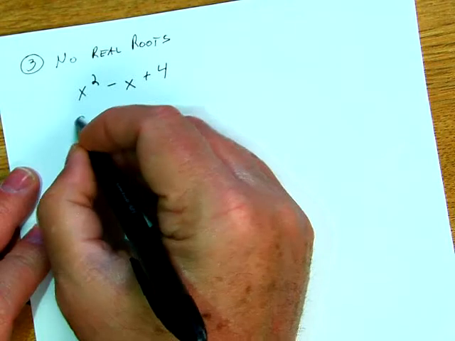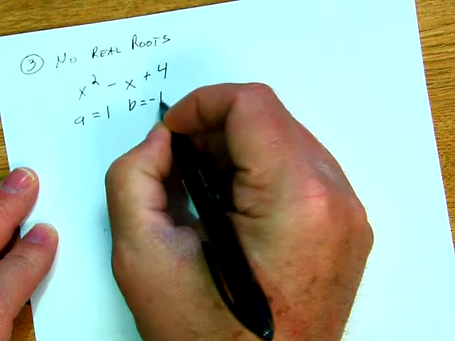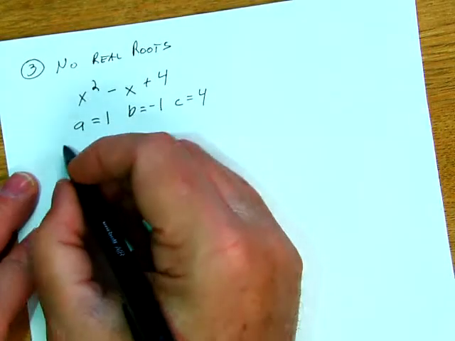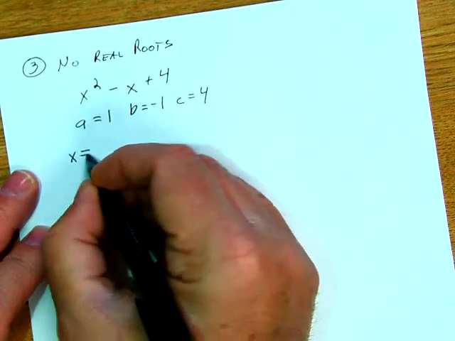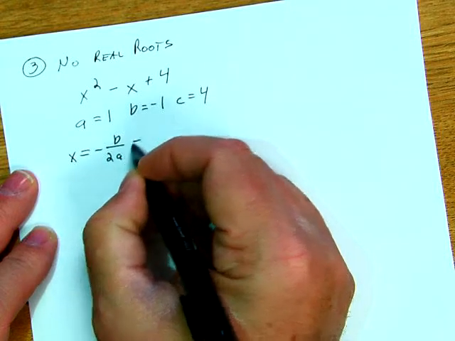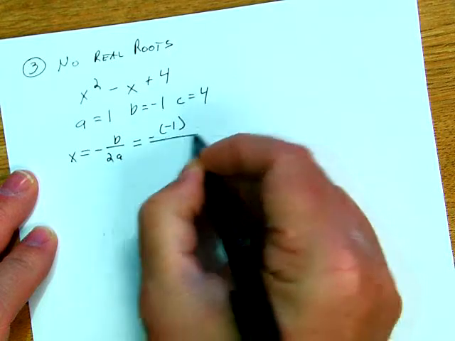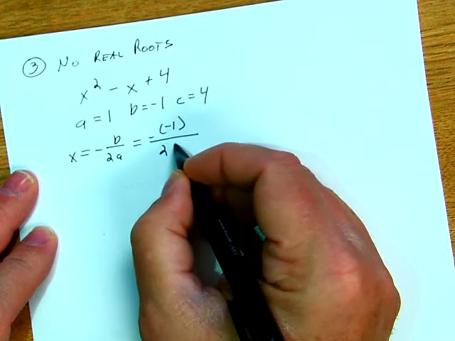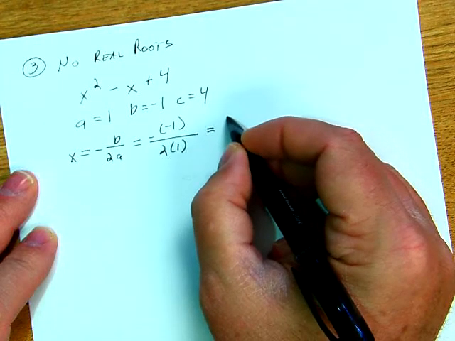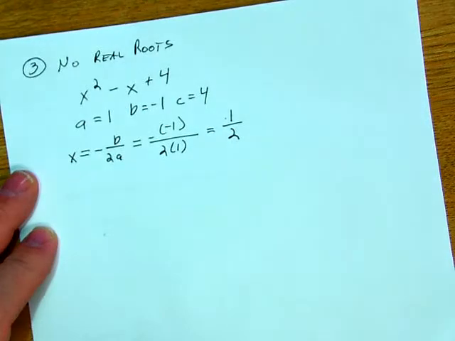Our a value is 1, our b value is -1, and our c value is 4. So our axis of symmetry, x equals negative b over 2a, is negative -1 over 2 times a. Negative times negative is a positive, so we get a positive 1 over 2.